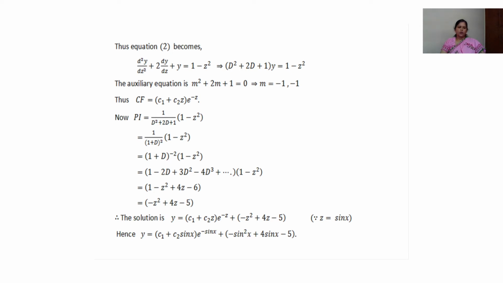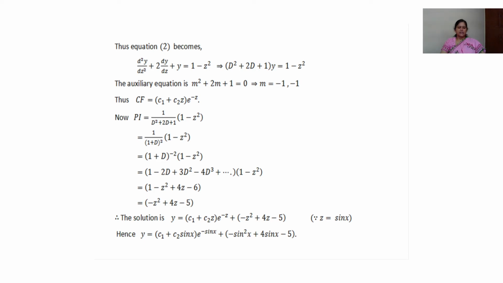Taking the 1 plus d whole square term to the numerator, we get 1 plus d whole to the power minus 2. So the binomial expansion of 1 plus x whole to the power minus 2 we are using here. So 1 plus d whole to the power minus 2 becomes 1 minus 2d plus 3d square minus 4d cube plus etc.